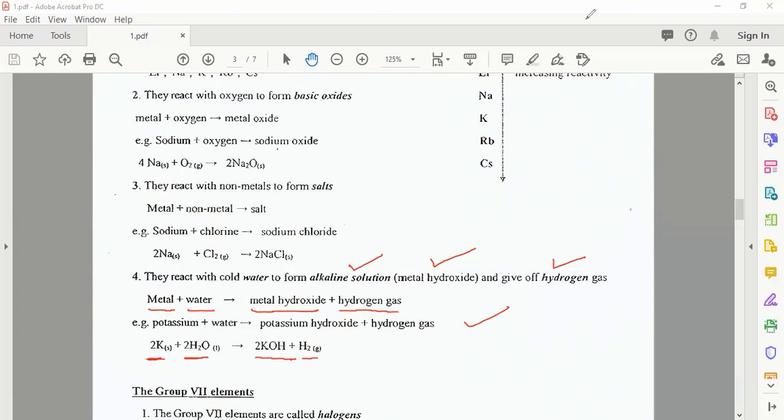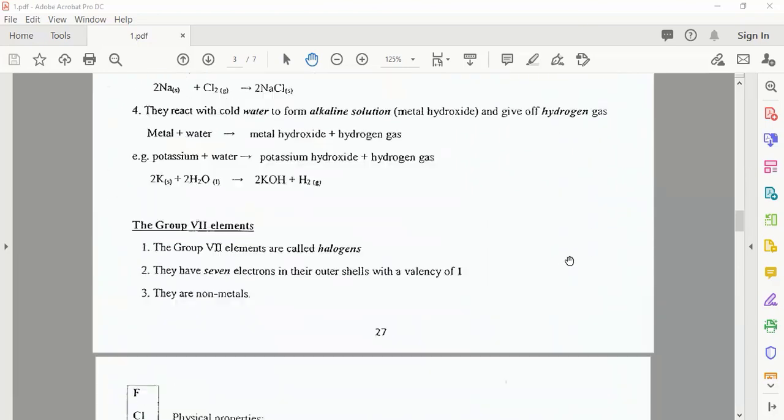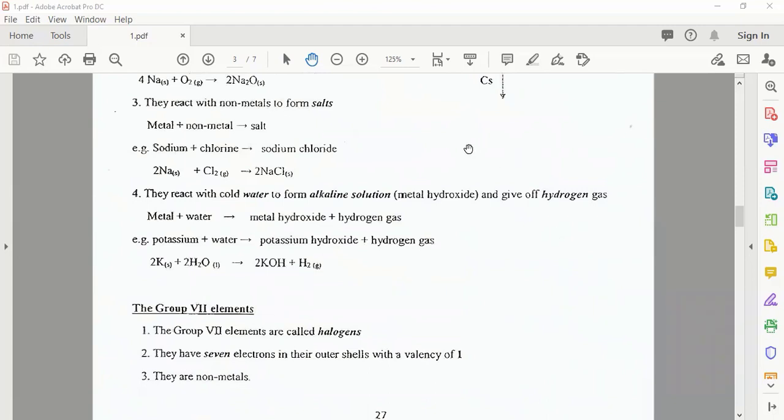Any confusion till here? No. Okay. Now we will talk about group 7, also known as halogens. It's also mentioned here: the group 7 elements are known as halogens. They need one electron to complete their last shell. For example, chlorine has 17 electrons: first shell 2, then 8, then 7.